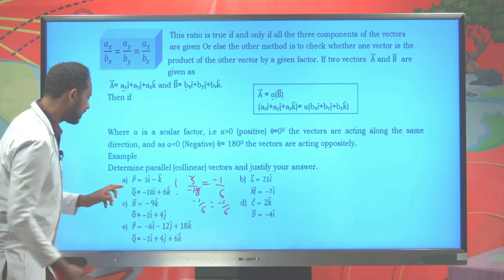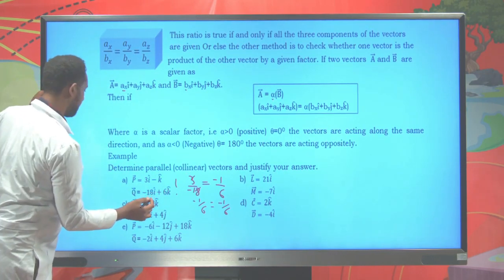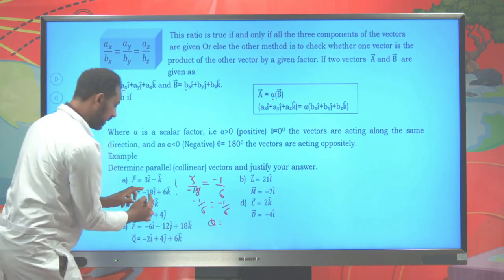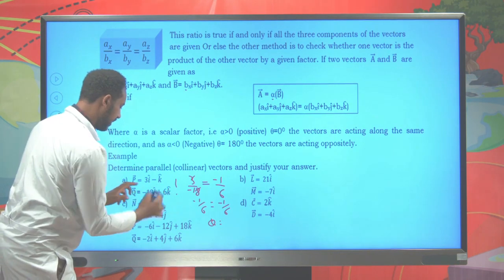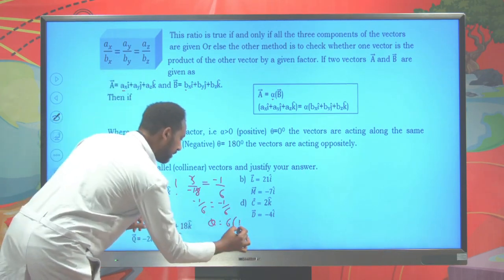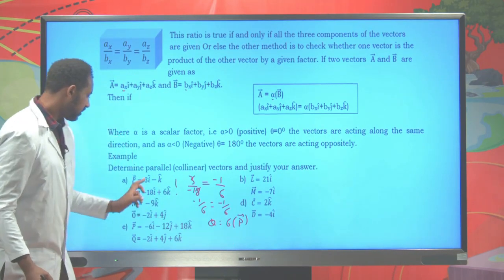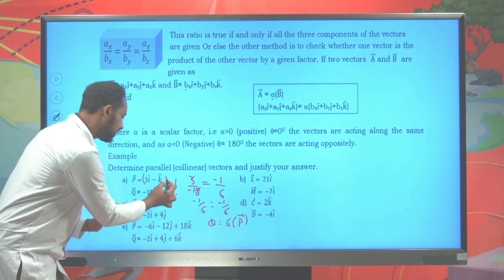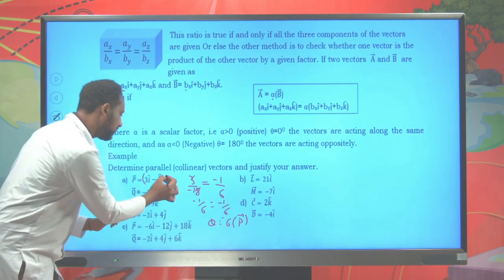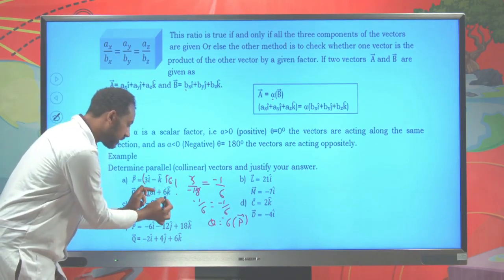Or it's possible to say that vector Q, which is minus 18 in the i plus 6 in the k, can be given as 6 times vector P. So when you multiply vector P by 6, you multiply each component: minus 6 times 3 gives us negative 18, and negative 6 times negative 1 gives us positive 6.